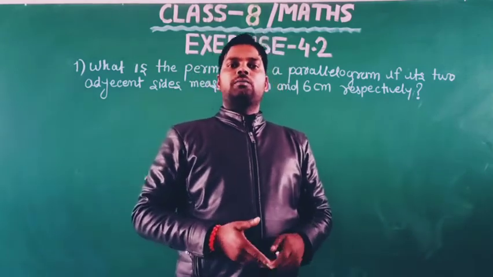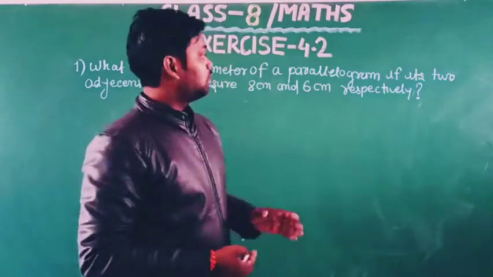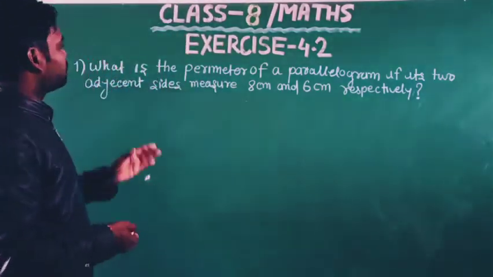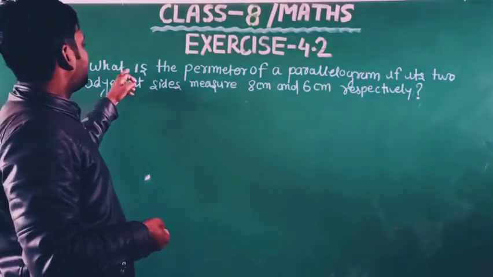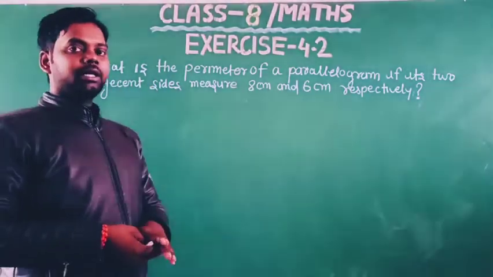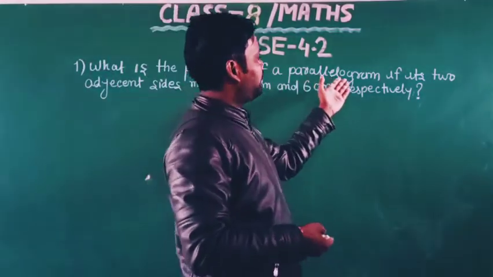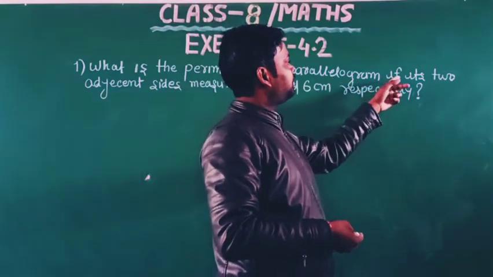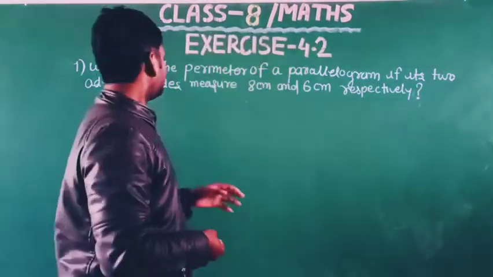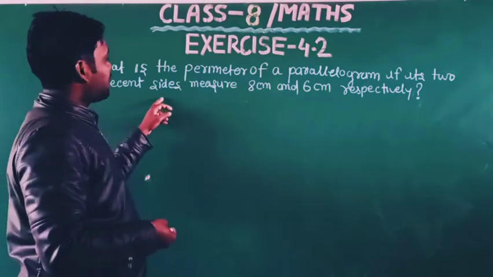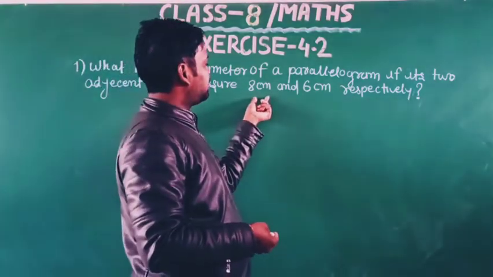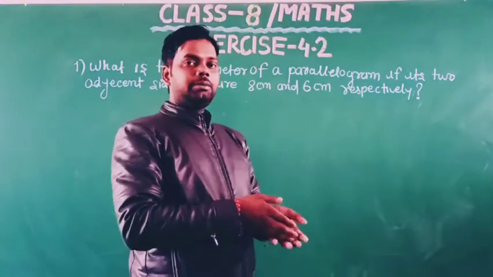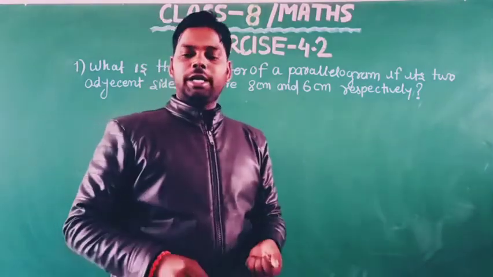Exercise 4.2, starting from question number 1. In this question it has been said: what is the perimeter of a parallelogram if its two adjacent sides measure 8 centimeter and 6 centimeter respectively?